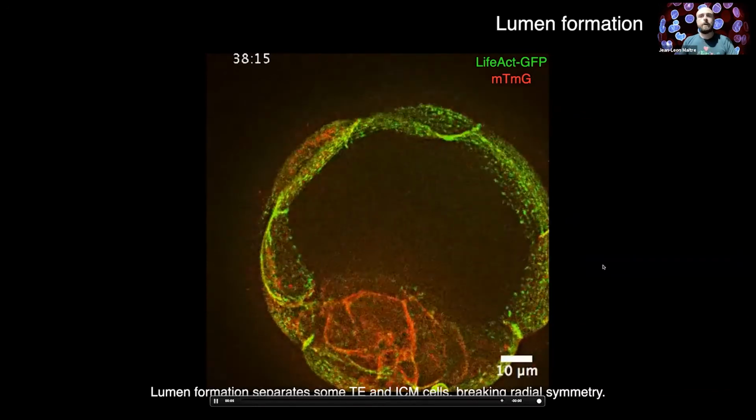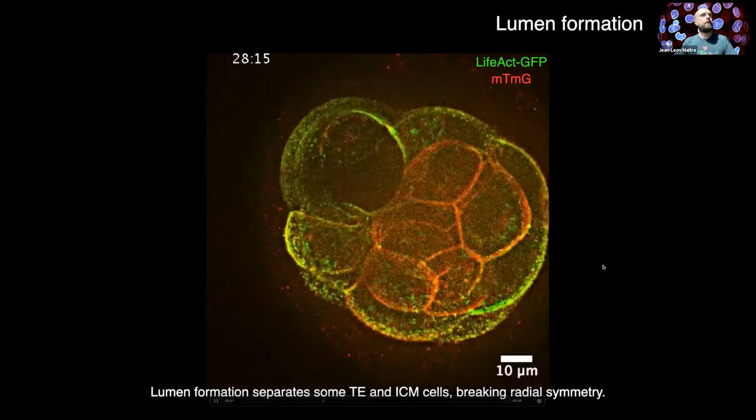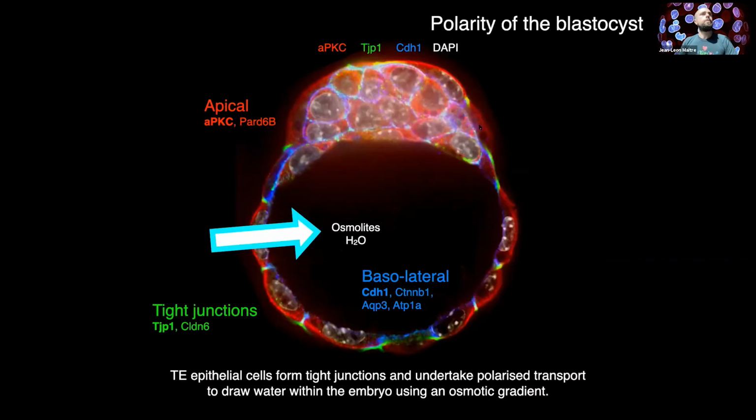So, a little bit about the cell biology of lumen formation. The way that animal cells make a lumen is by having a polarized epithelium. And that is the trophectoderm, which is at the surface of this embryo. It is polarized in the sense that it has an apical-basal polarity. The apical side here in red is at the surface of the embryo, and the basolateral side of the cell, which includes the cell-cell contact, is here labeled in blue.